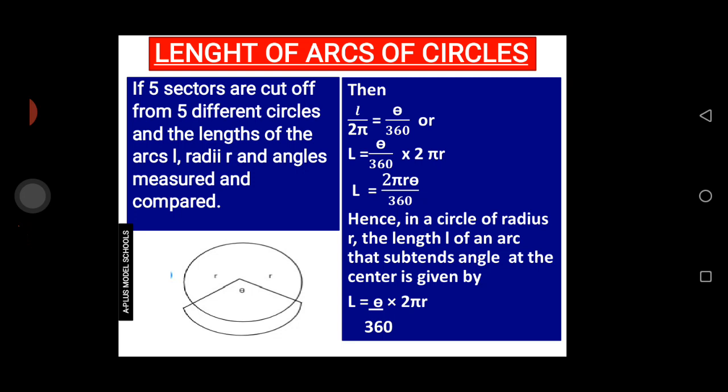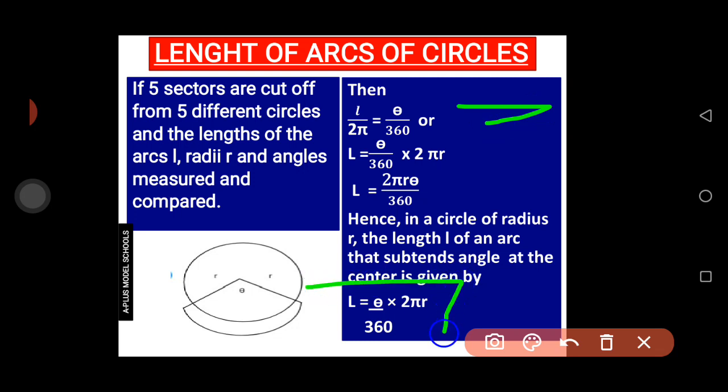Making L the subject of the formula, L is equal to theta over 360 multiplied by 2 pi r, which is the same thing as this formula.